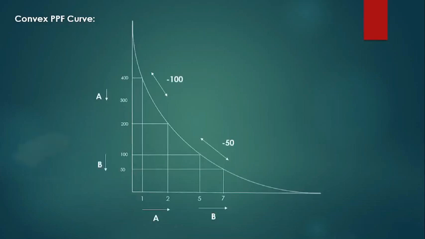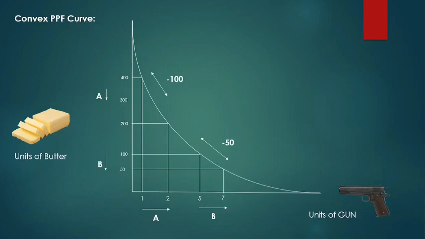Next one is the convex PPF curve. So here is the curve, and we also added the two goods, butter and gun. The convex PPF curve is also known as decreasing opportunity cost.